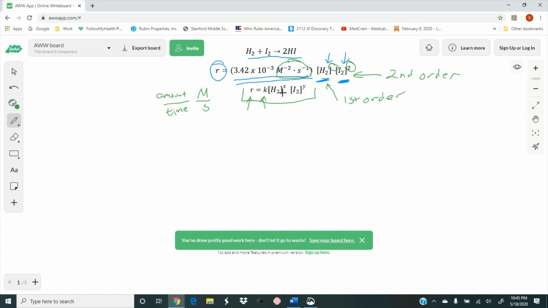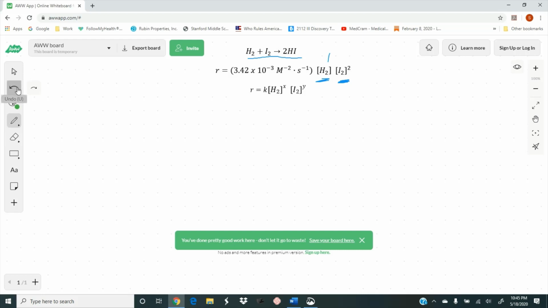So the difference between this one and this one, as you can see, is that the first one here, let me go ahead and erase a lot of this stuff so we can go back and work from scratch. That's why I didn't just swipe them all off.